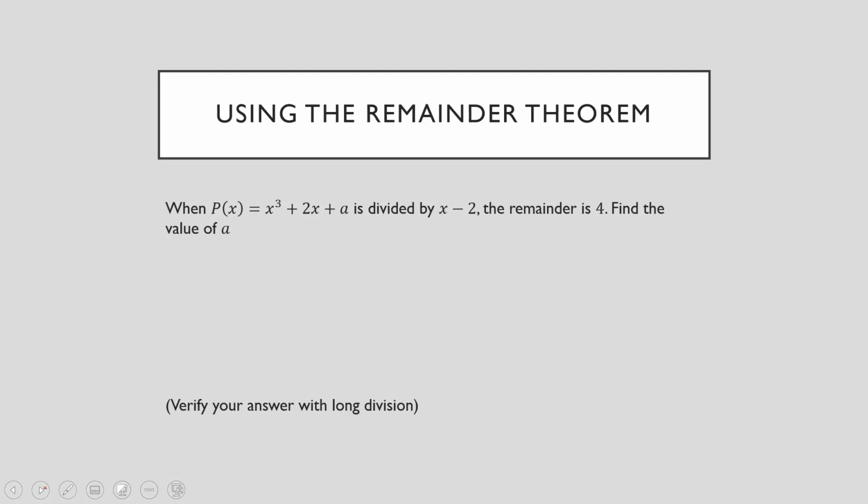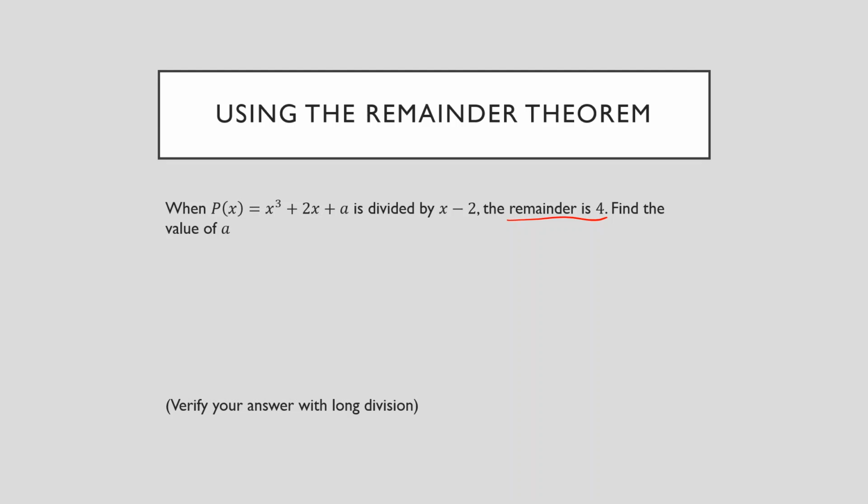All right, let's do one last question. Okay, this one's slightly different. So it says, when p of x, which is this polynomial here, is divided by x minus 2, the remainder is 4. Find the value of a. Okay, so it's telling us the remainder to begin with.